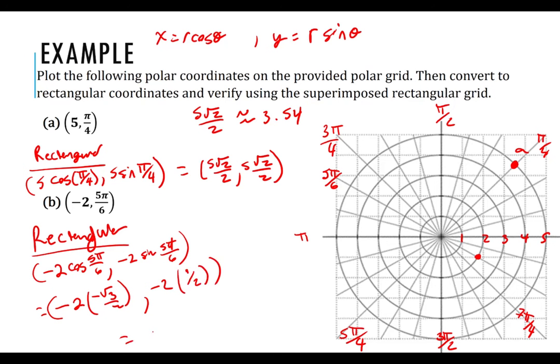That gives me square root of 3, negative 1. And so let's confirm that that's right. So real quick, root 3 is approximately 1.73. And so root 3, negative 1 is 1.73. It's in here somewhere. And then go down 1. Look at that, it lines up exactly where we expected. So great.